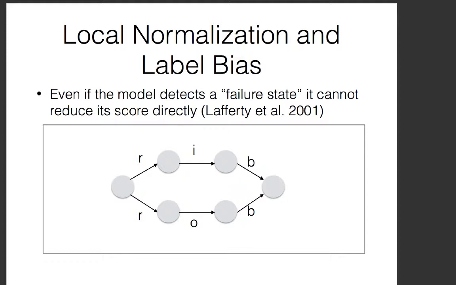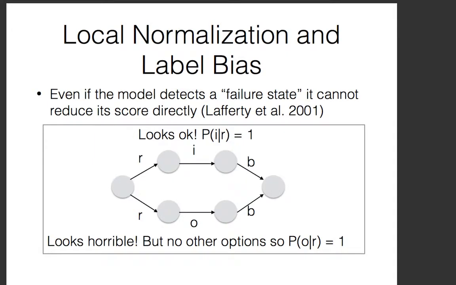And once we go from R, once we go to one of the states, R, or the bottom R, we only have one decision. Because we only have one decision, a locally normalized model has to give a probability of 1 to that decision, because the probability of the decisions has to add up to 1. So of course, in the top, we will give probability of I given R a probability of 1. In the bottom, the probability of O given R. For some reason, once we've gotten into the state, we know we really don't want to generate O.